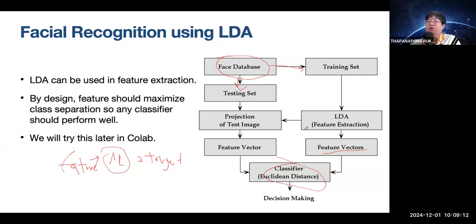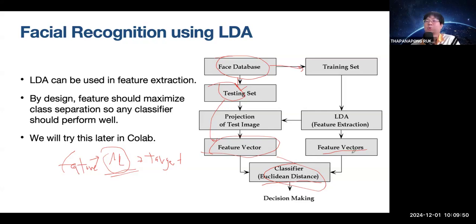In here, you can actually use LDA as a feature extraction. So instead of getting the feature and then doing the classifier, we don't have to do any learning at all. The classifier can just be Euclidean distance. So basically, when you have a test image, you map it onto the same space, and then you just compute the Euclidean distance.